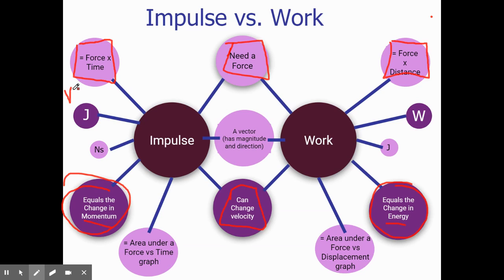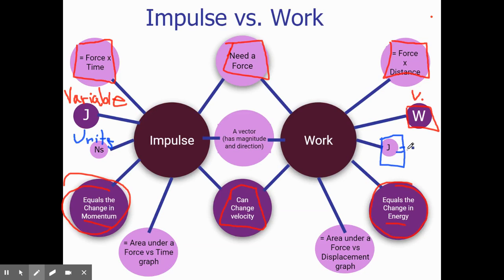The variable here is J for impulse, and the variable over here is W for work. And then we can look at our units. The units for impulse are newtons times seconds, and the units for work are joules.